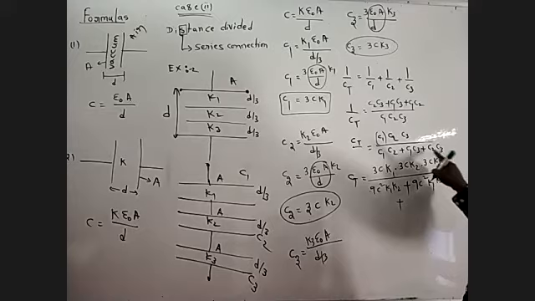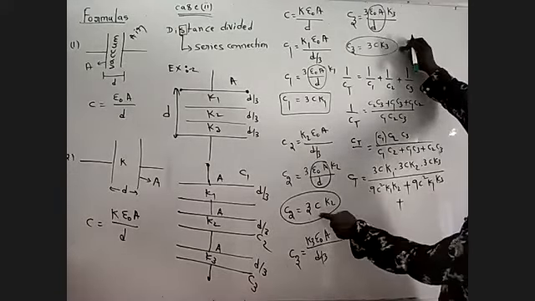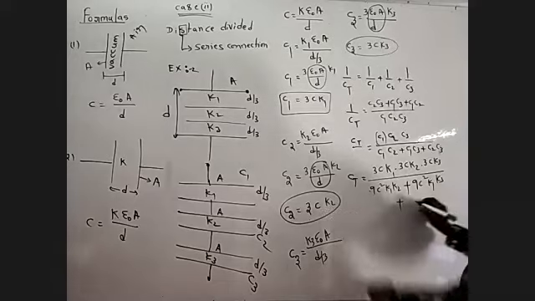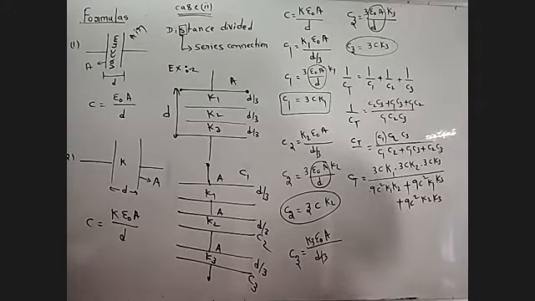Plus C2 C3: 3 into 3 is 9, C into C is C square, so 9 C square K2 K3.